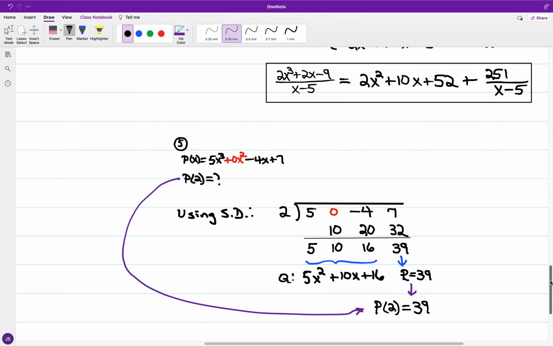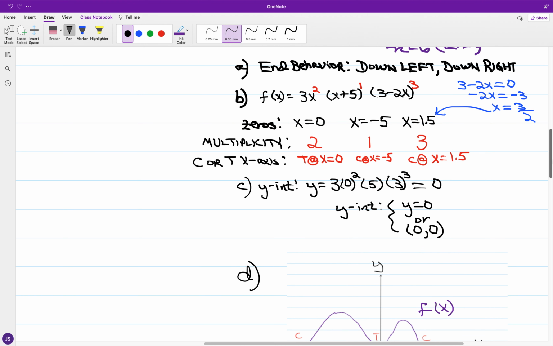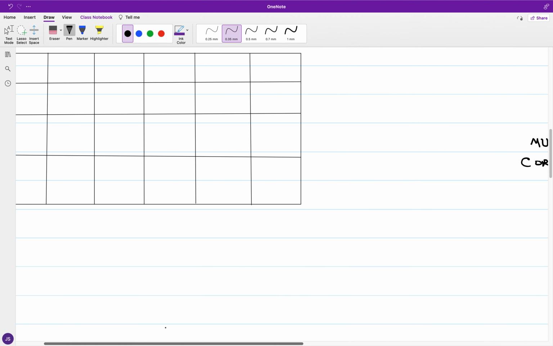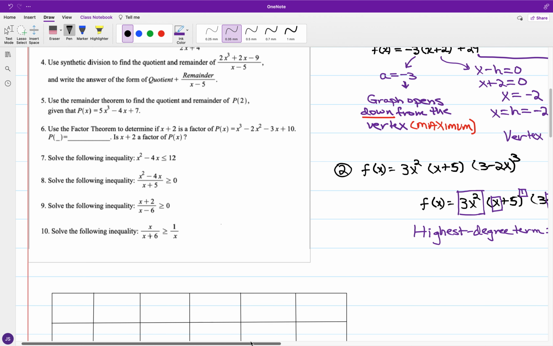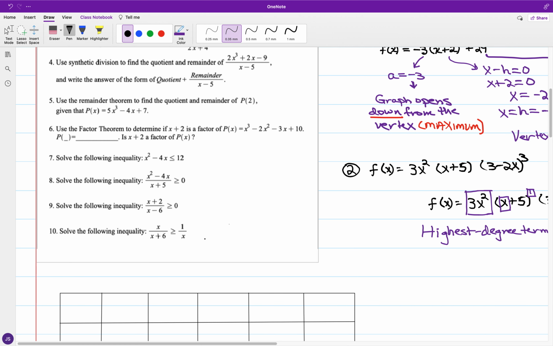All right. Now, in the case of number 6, this is with the factor theorem, I believe, yes. It says to use the factor theorem to determine if x plus 2 is a factor of p of x, equal to this four-term polynomial of third degree.